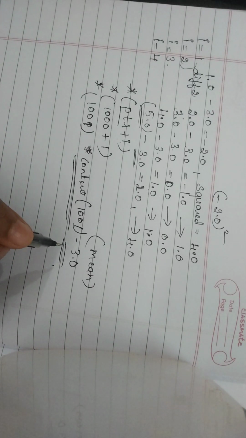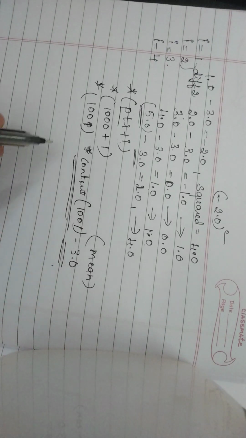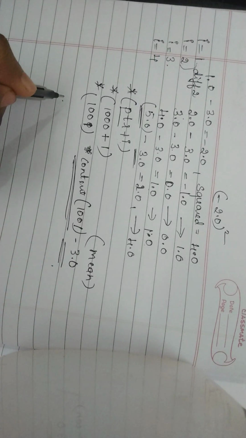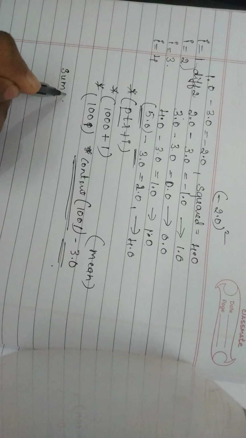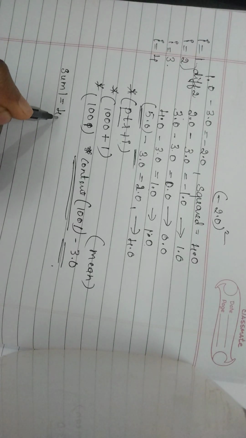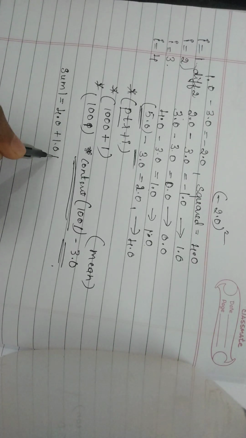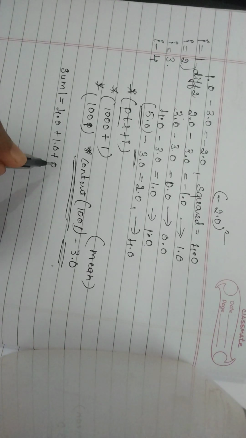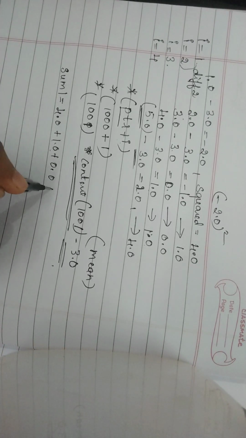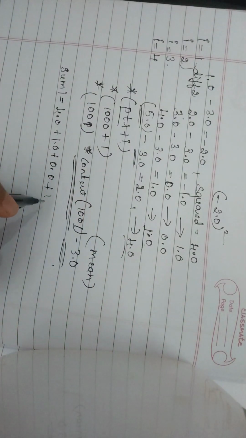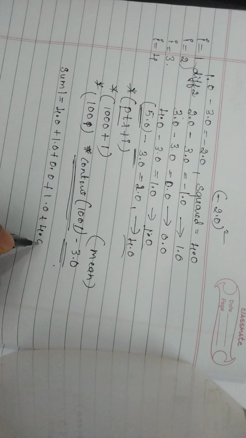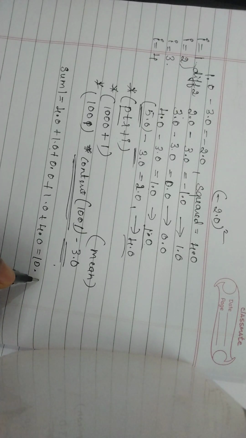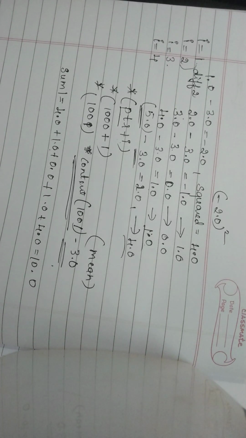So after that we can calculate like this. The last sum 1 is calculated from all the values of difference: 4.0, 1.0, 0.0, 1.0, 4.0, which add up to 10.0.